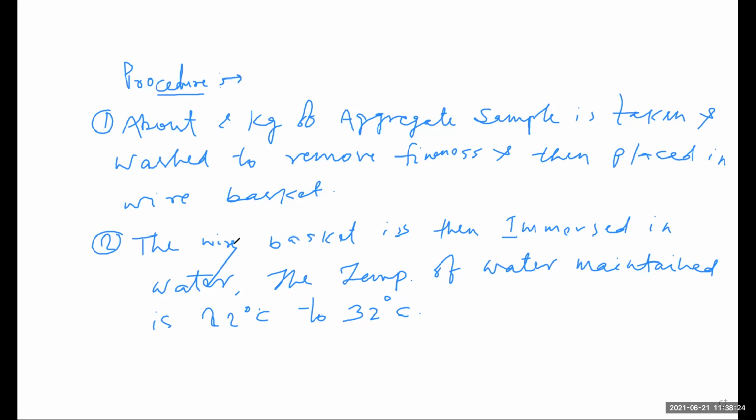Now, specific gravity determination of aggregate when aggregate finer than 6.3 mm is present. Basically, we find the specific gravity of aggregate when its size is more than 6.3 mm by this method.